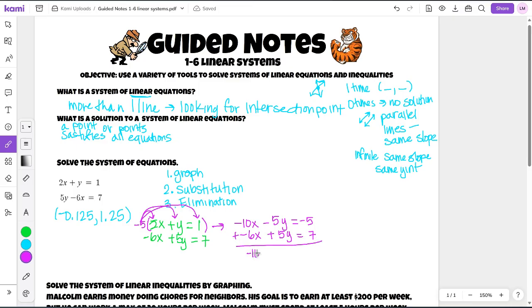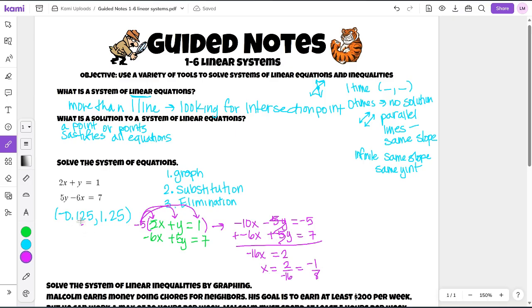So negative 16x, this is 0, negative 5y and 5y, equals negative 5 plus 7 is 2. So x equals 2 over negative 16, or negative 1 over 8. We can use our calculator if we don't recognize that fraction, but that is negative 0.125.